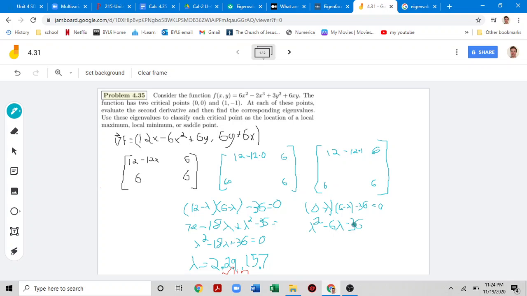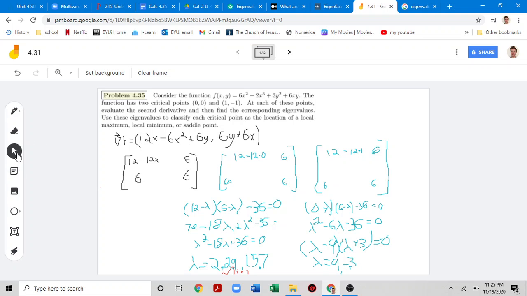Ooh, that's a pretty number. So that would be lambda minus 9 and lambda plus 3. All right, cool, that equals 0. Let's solve for that. Lambda could either be 9 or negative 3.